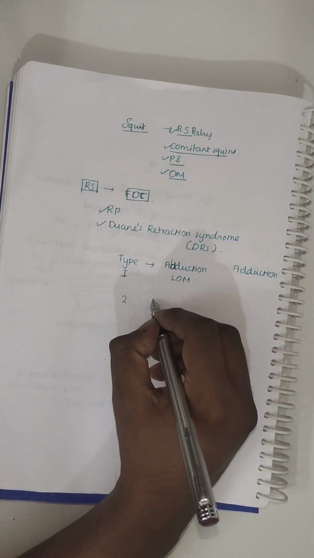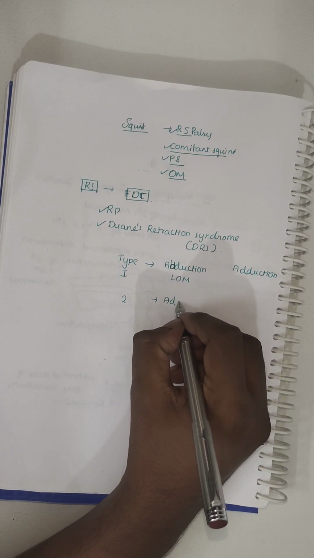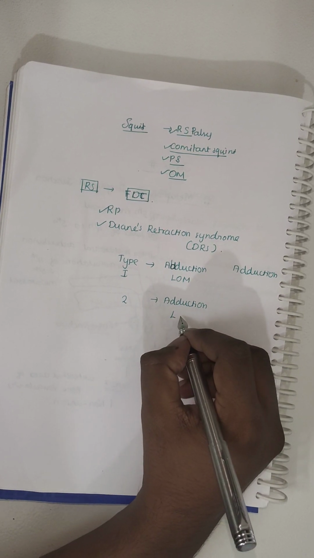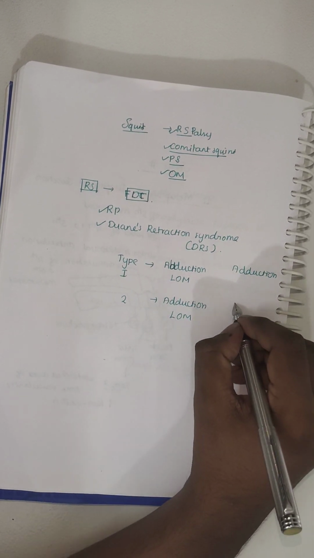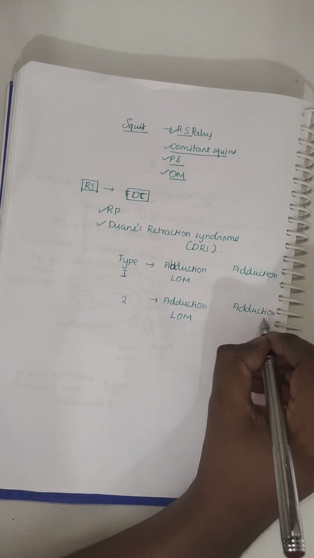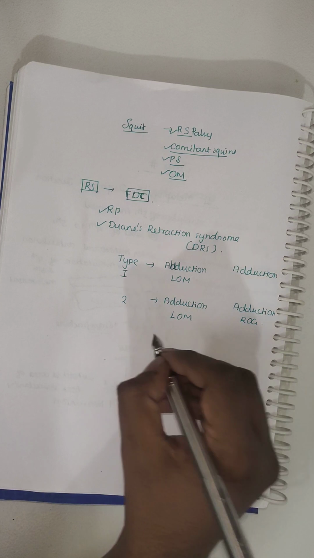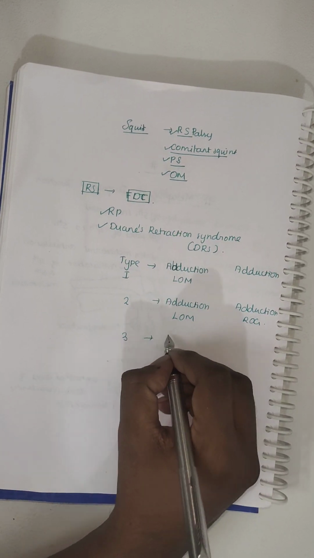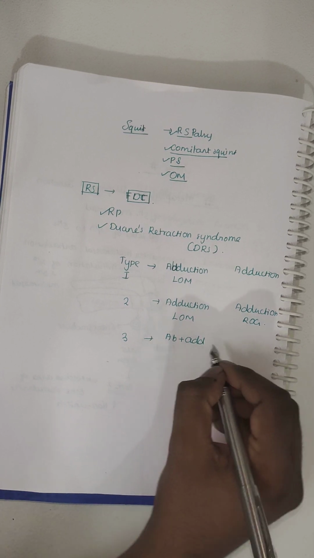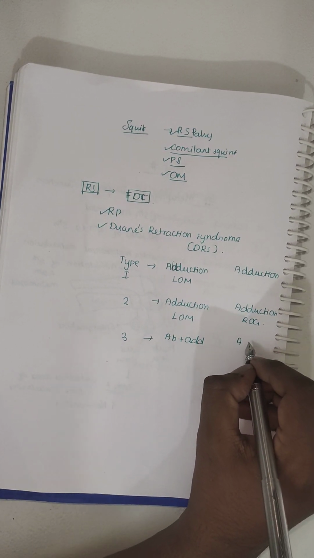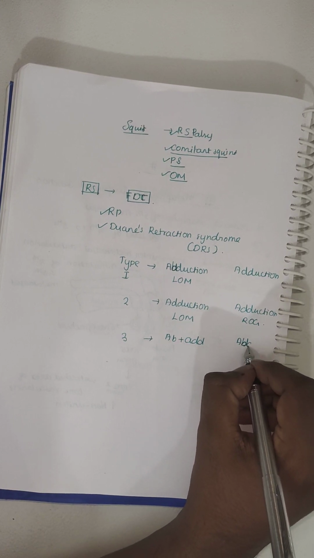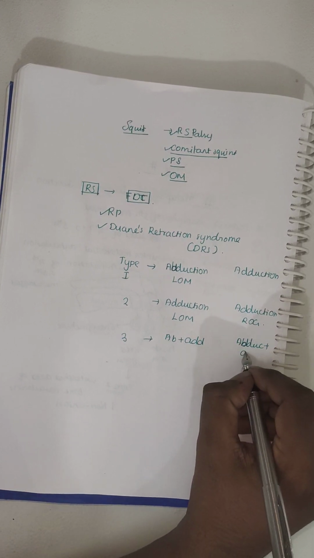Type 2 has loss of adduction, and retraction of the globe. In type 3, abduction plus adduction are limited, and there will be retraction of the globe during abduction and adduction.